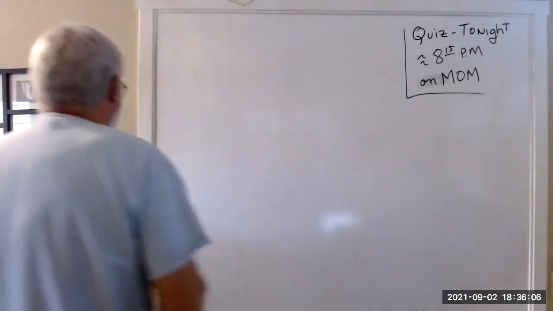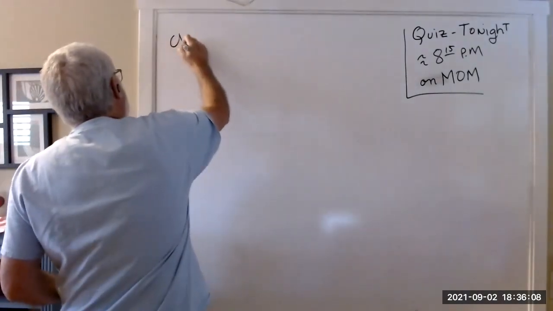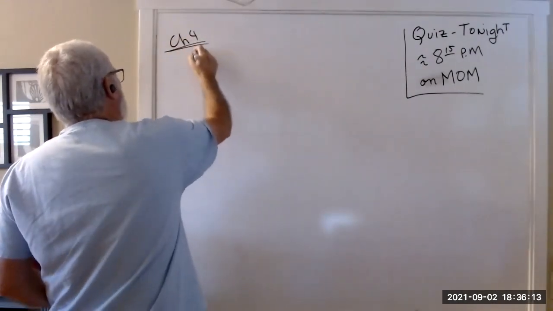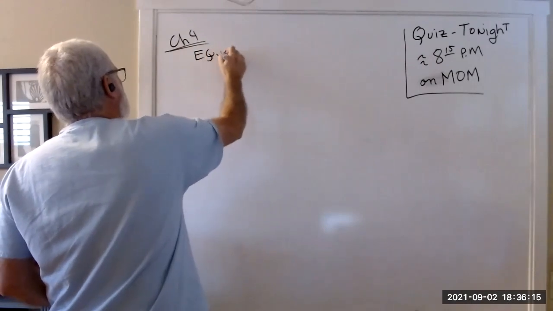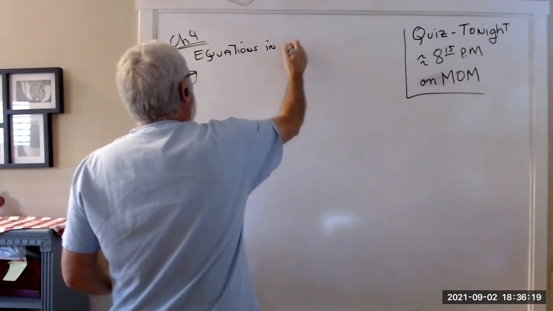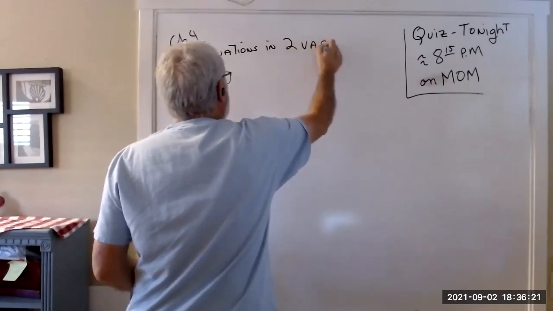Okay, very quickly, yesterday in chapter 4, we talked about equations in or with two variables.